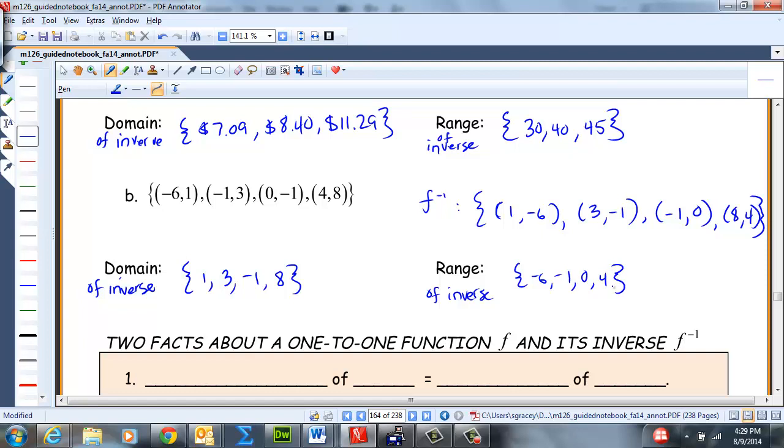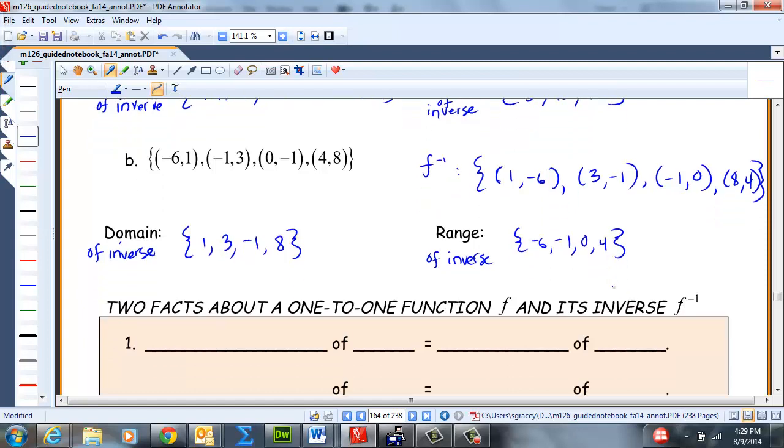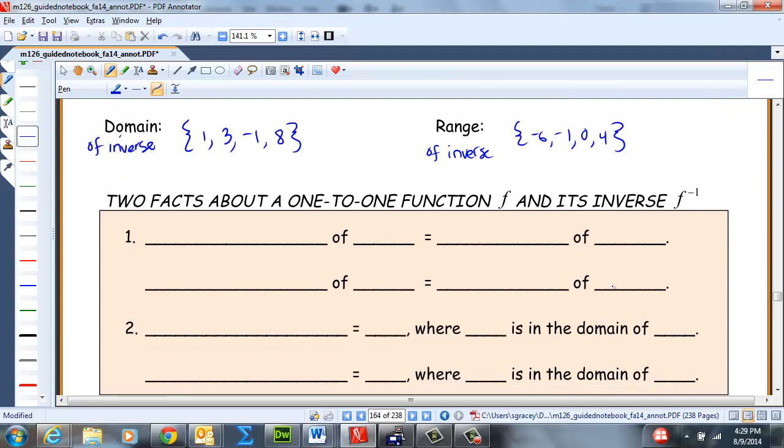How's it going? You feel good? Great. Okay, 2 facts about a one-to-one function f and its inverse f inverse. Domain of f equals the range of f inverse.